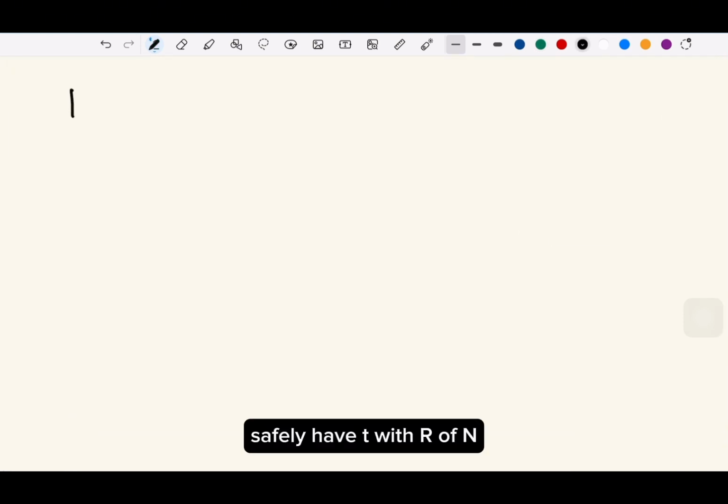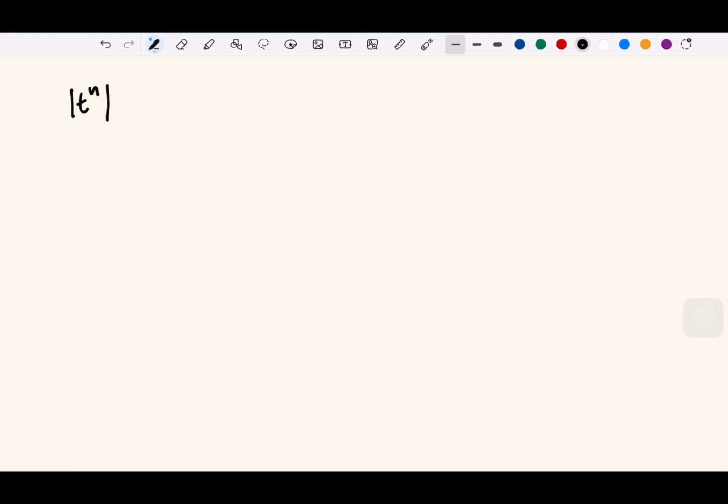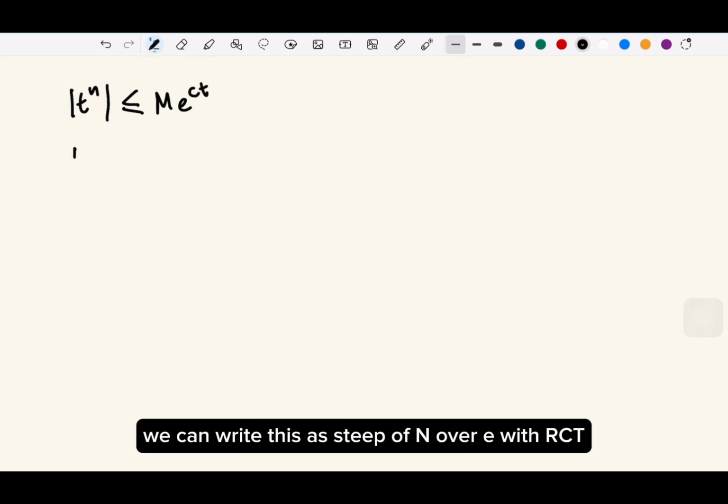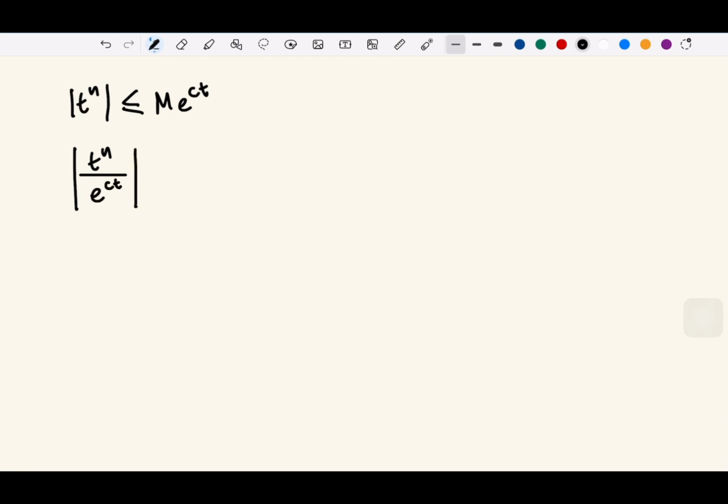So if we have t to the power of n times e to the power of ct, we can write this as t to the power of n over e to the power of ct.